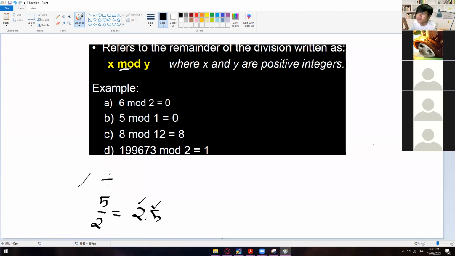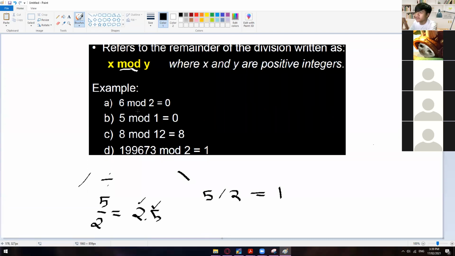But when it comes to mod, we have this symbol. It is the flip version of our division. So if we have 5 mod 2, then you will get just the remainder, which is 1. All right.